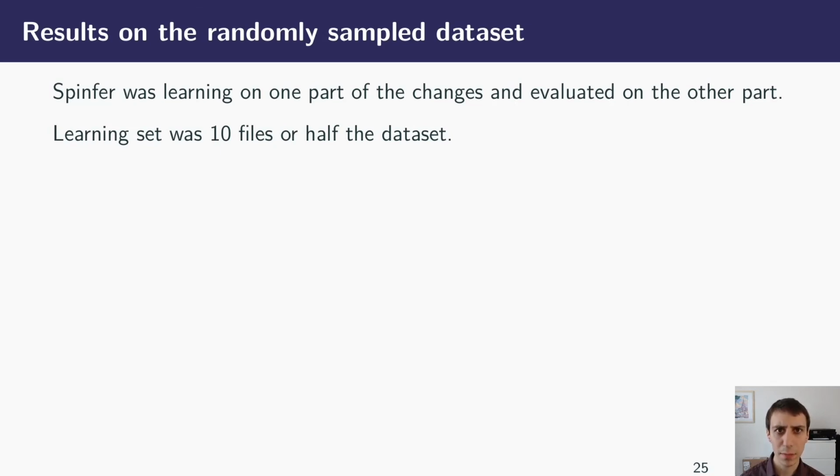The other experiment for this dataset and the experiments for the challenging dataset can be found in our paper. For this experiment, Spinfer was learning on a subset of the transformations and was evaluated on the complement. Spinfer was learning from either 10 files or half the dataset, whichever is the minimum.